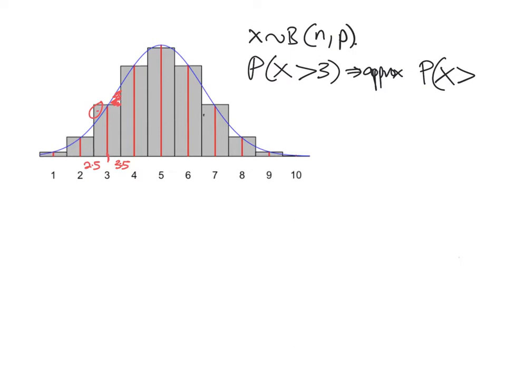So from here it goes to the next bar chart. Now the question here is X is greater than 3 in discrete value, whereas when we approximate in normal distribution, which is a continuous variable, we look at the values that are greater than 3. All the values towards the right will be greater than 3.